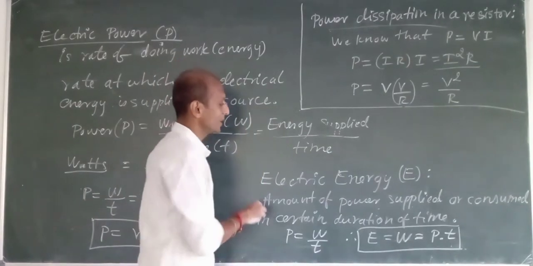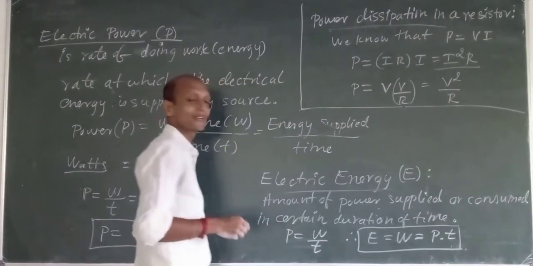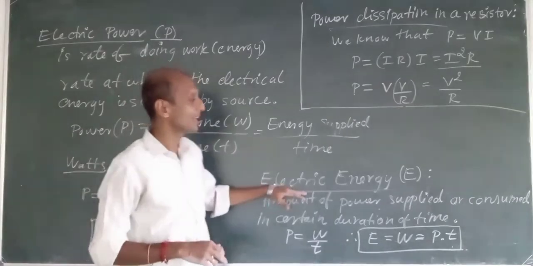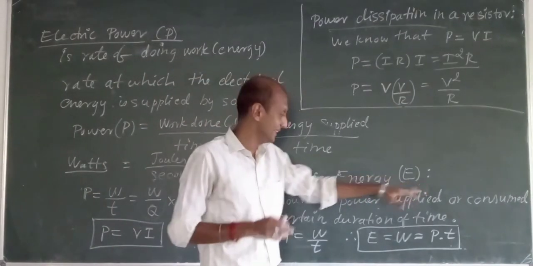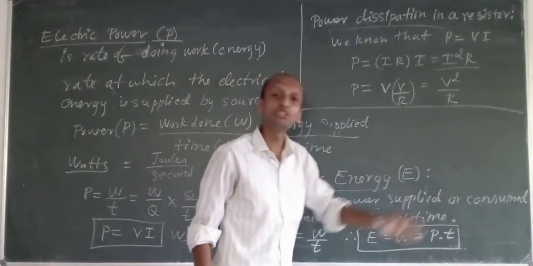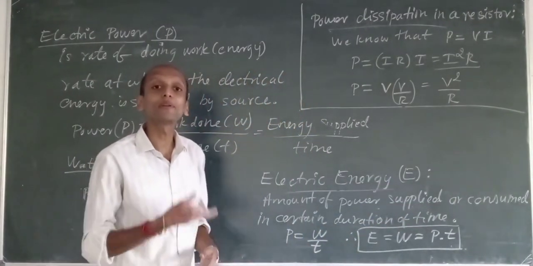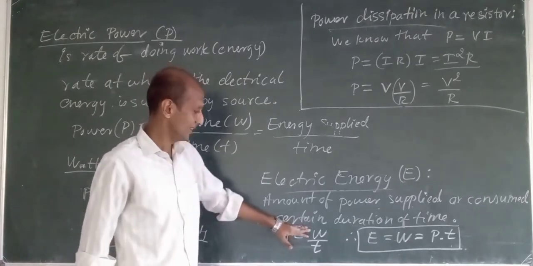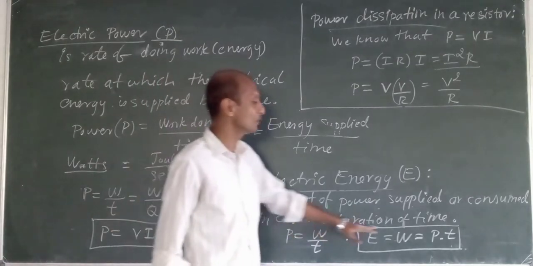Okay, fine. Now coming to electrical energy. The electrical energy is represented as E. Electrical energy is nothing but the amount of power supplied or consumed in a certain duration of time.